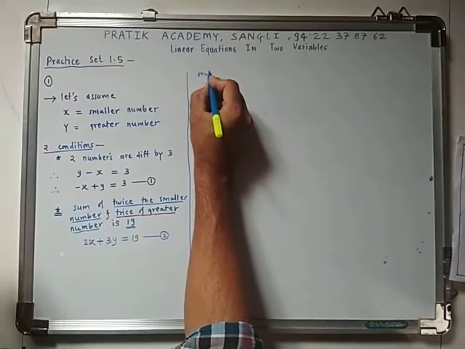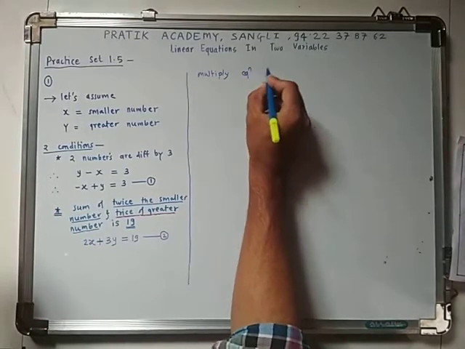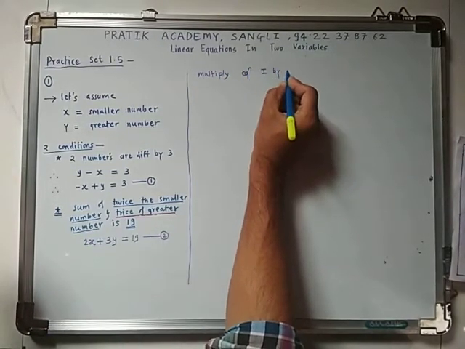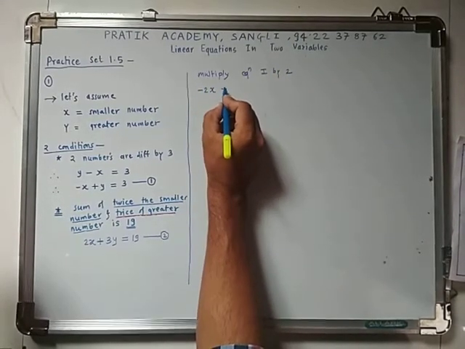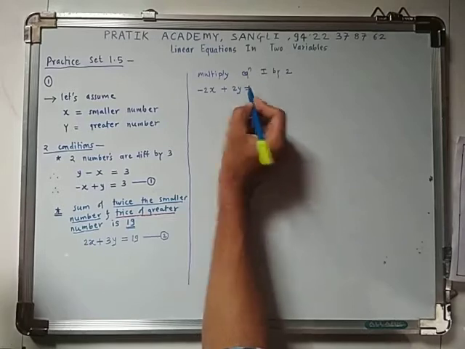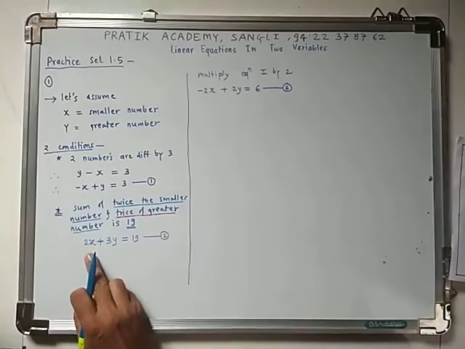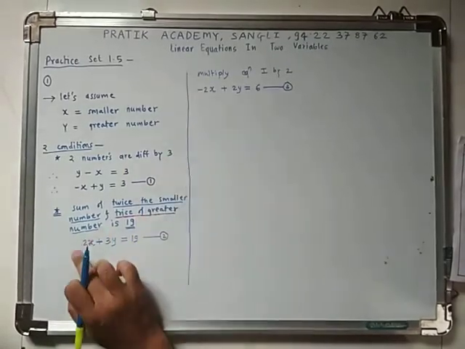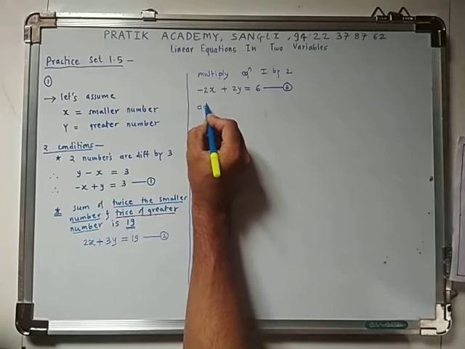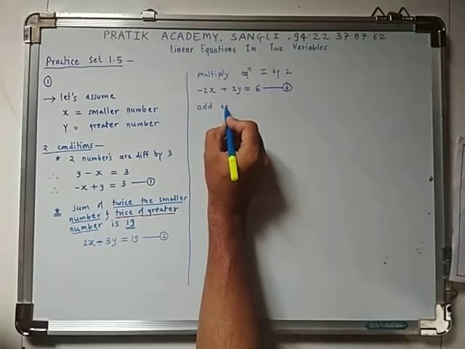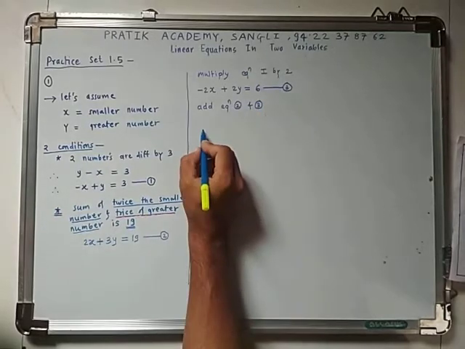So multiply equation 1 by 2. We get minus 2x plus 2y is equal to 6. Now for x, the coefficients are the same but the signs are different, so we have to add equation 2 and 3.